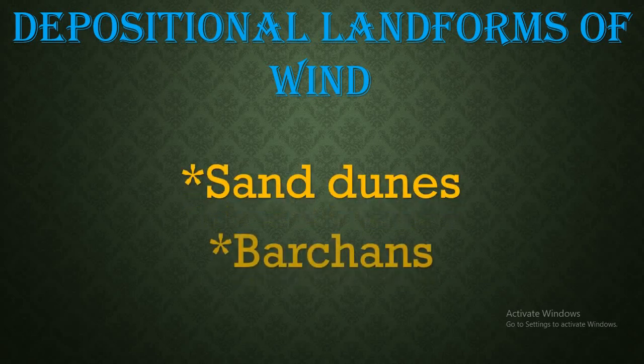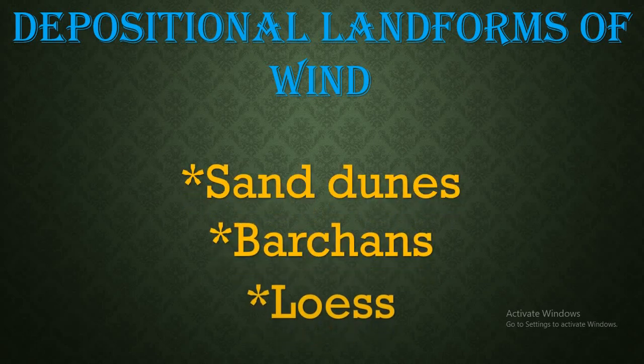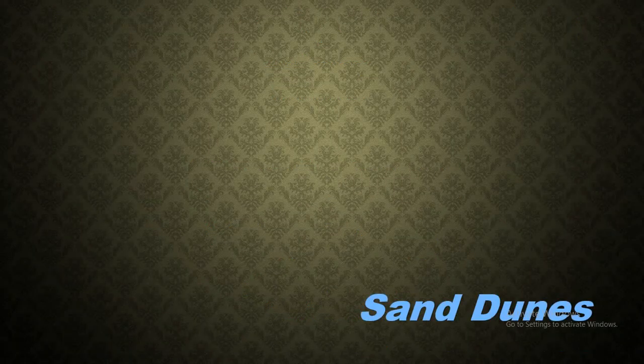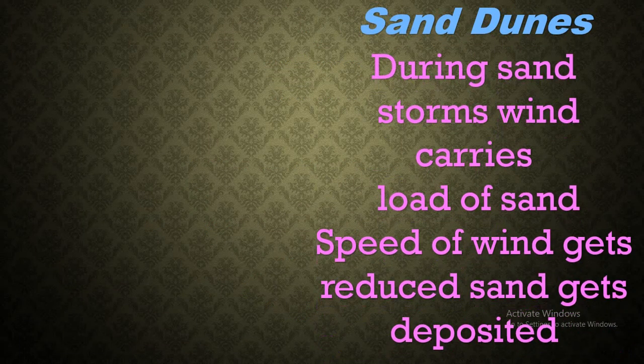Depositional landforms of wind. We have three types: sand dunes, barchans, and loess. Sand dunes. Sand dunes are like a huge mountain full of sand. That's all, not rocks, just tiny particles. So how are these sand dunes created? During sandstorms, wind carries loads of sand.